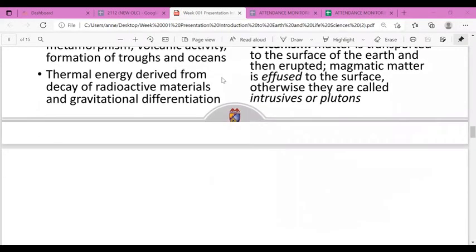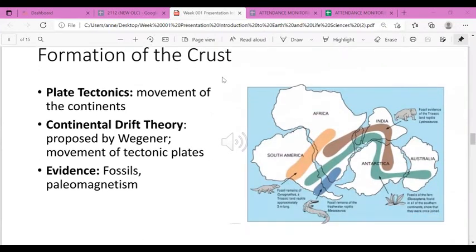Okay. This is the formation of the crust. Okay, we have here the plate tectonics. Okay, naalala niyo po ba yung sa plate tectonics?